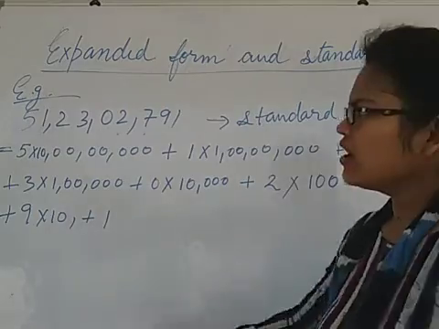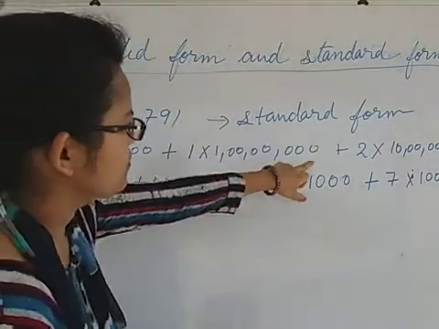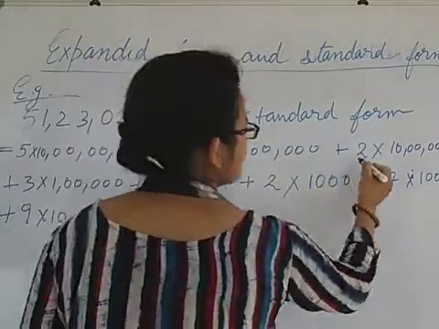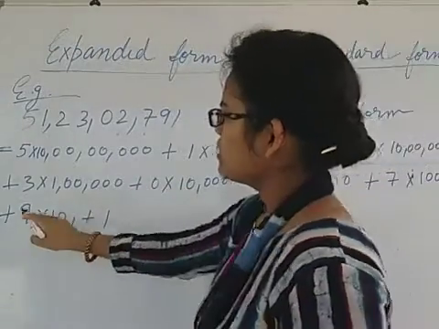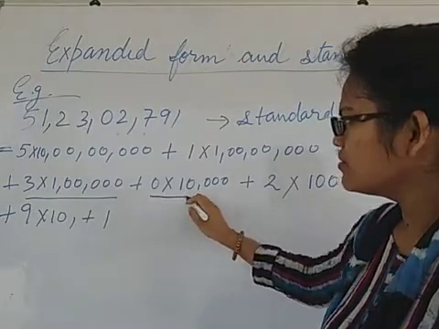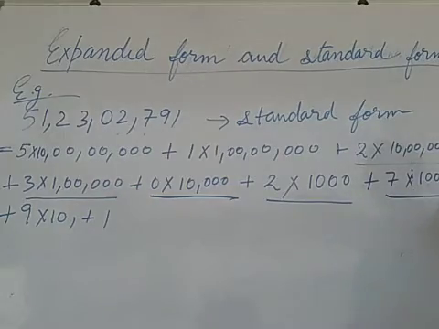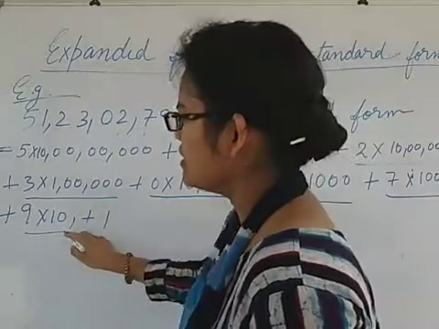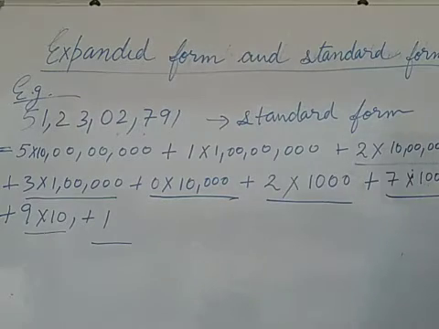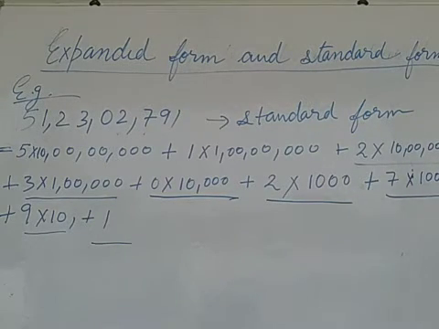We have written it as 50 crore plus 1 crore plus 20 lakh plus 3 lakh plus 0,000 plus 2,000, 700 plus 90 plus 1. So this is the expanded form of the given number.